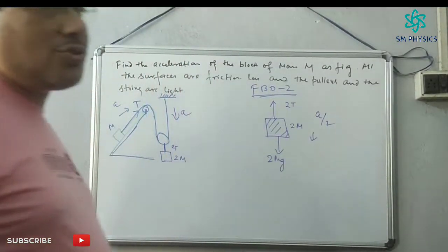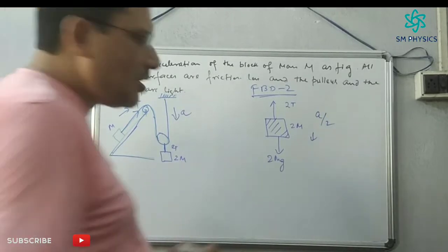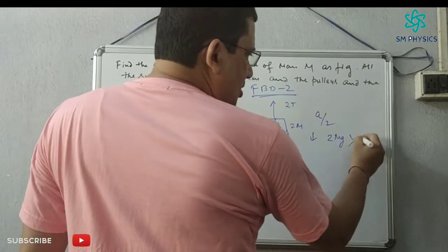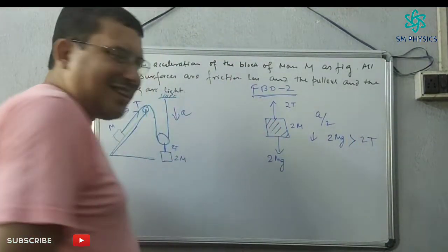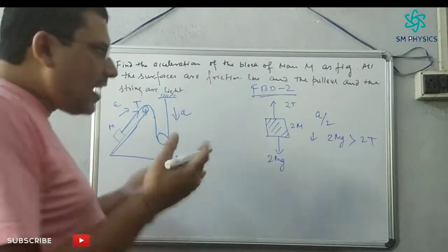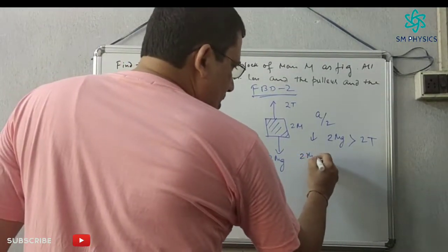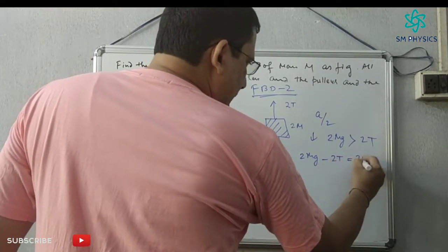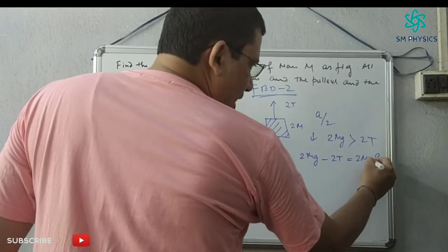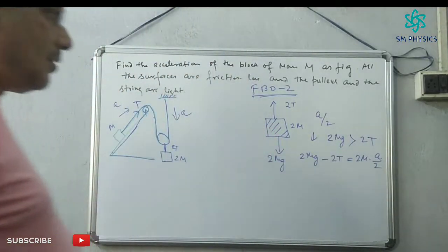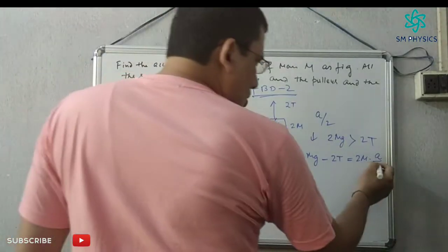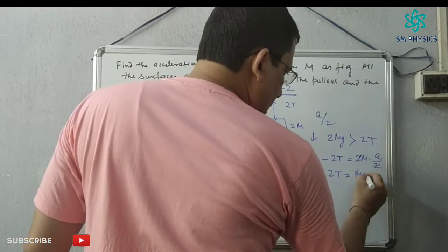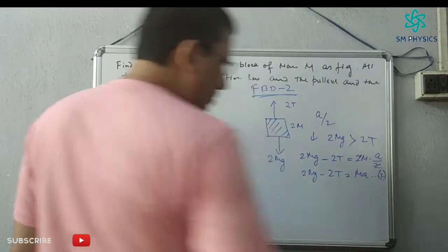That means the downward force will be greater than the upward force. So here the downward force is 2mg and the upward force is 2T. Now I write down the equation. So 2mg minus 2T is equal to 2m into a by 2. Clear? So eliminating the 2, 2mg minus 2T is equal to ma. This is equation number 2.